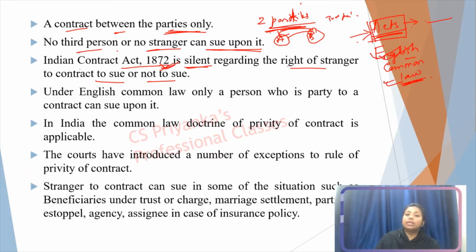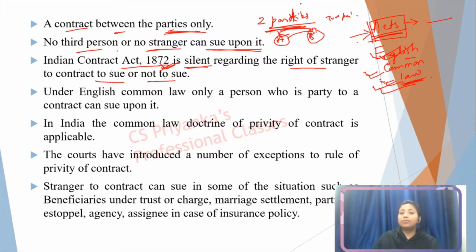So usually we will follow the individual acts, whatever is written, and if anything is silent in the respective act, then we will check what English common law says. If the act is silent and English common law says something, then we will follow that. And if on a specific matter our act says something and English common law says something else, then we will follow our act.